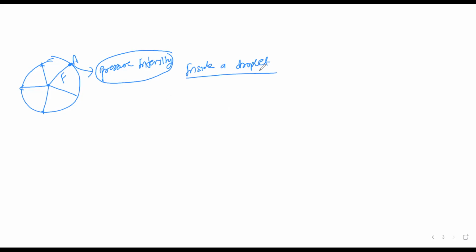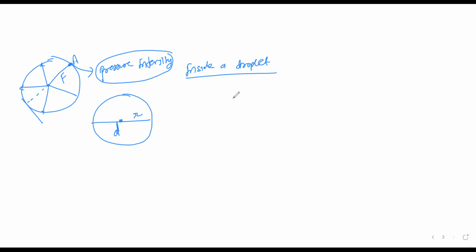Here I am going to assume that this is the droplet, and the droplet diameter is d and the radius is r.